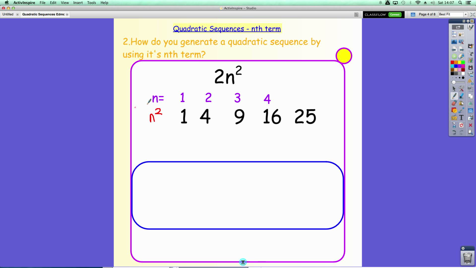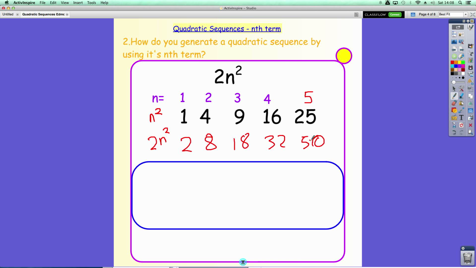You could have these values in a table, and so you'd go n is equal to 1, 2, 3, 4, 5, n squared, my first 5 square numbers, and so 2n squared is going to be 2 times everything in the n squared row. So 2 times 1 is 2, 2 times 4 is 8, 2 times 9, 18, 2 times 16, 32, 2 times 25 is 50.